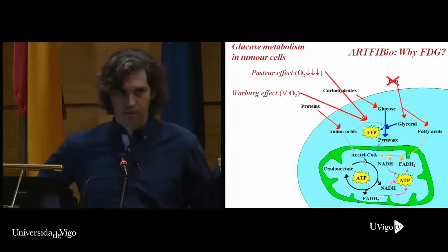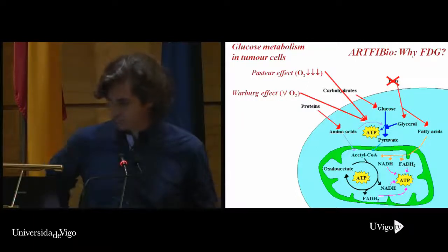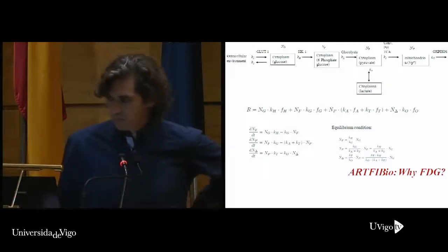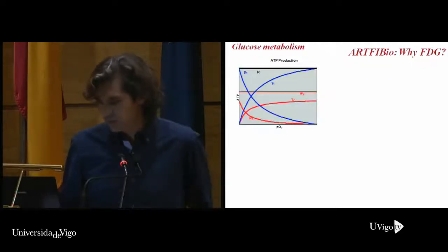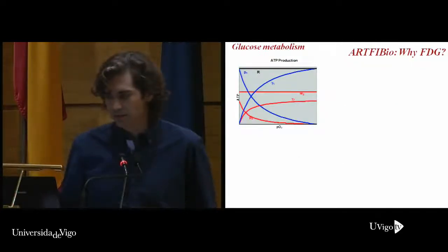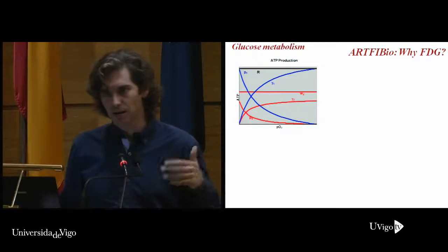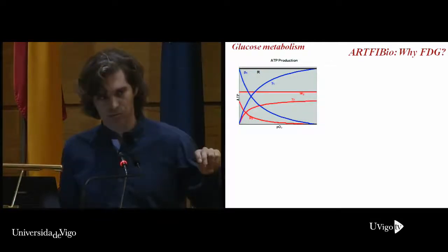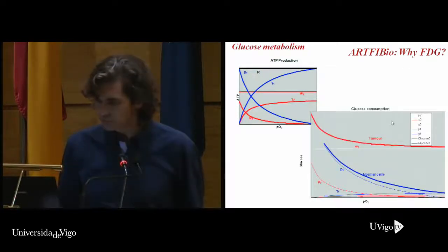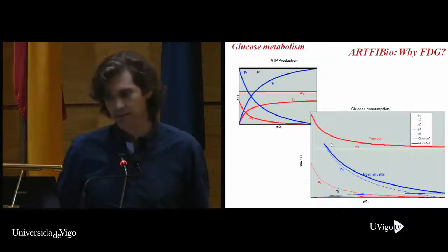And we have 3 effects for PET enhancement, 3 different effects. We can use a compartmental model to introduce all these parameters, and we can see that if you compare a normal cell producing all the ATP by glycolysis and a tumor cell producing all the ATP by glycolysis also, but considering the Warburg effect only, you can see that the tumor cell always consumes much more glucose than normal cells.